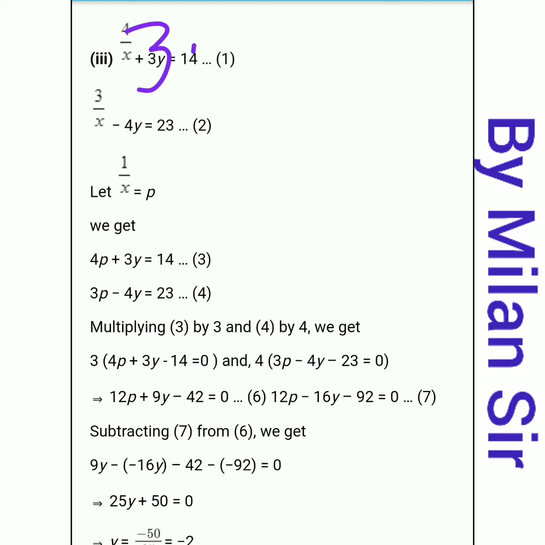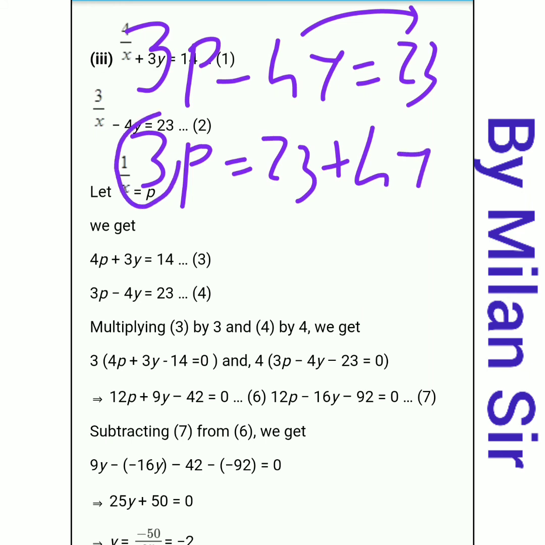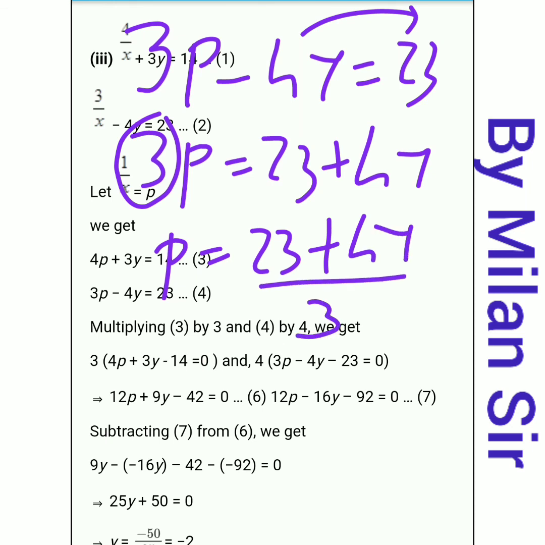Okay, so 3p minus 4y is 23, transfer this 4y to the right hand side, it becomes plus 4y. Right, now transfer this 3 to the right hand side, it goes to the denominator. Okay, so this is my equation number 5.